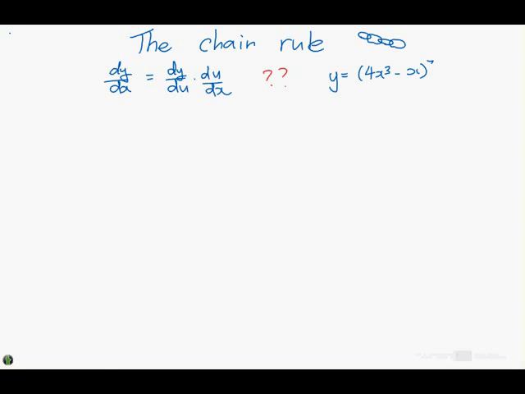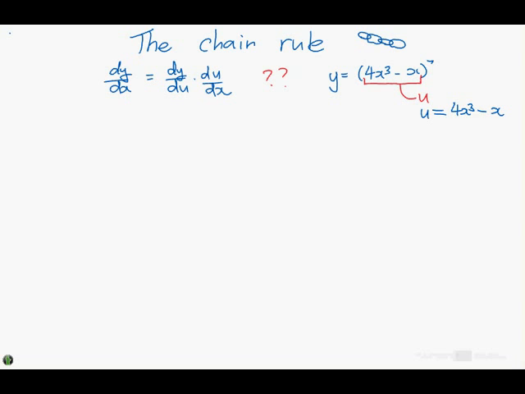I'm going to say that the chunk I'm going to pick is this bit here, 4x cubed minus x. I'm going to call that u. Okay? So this is what's going to happen. You say that u equals 4x cubed minus x.